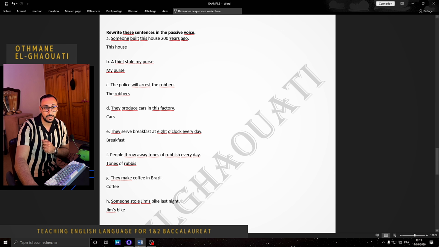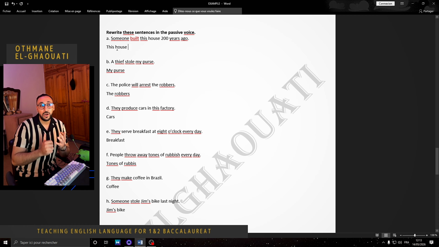Someone built this house 200 years ago. We have here built, which is already in the simple past. So we need a verb to be in the simple past, so we're going to say either was or were. Which one is the correct one? It is was.